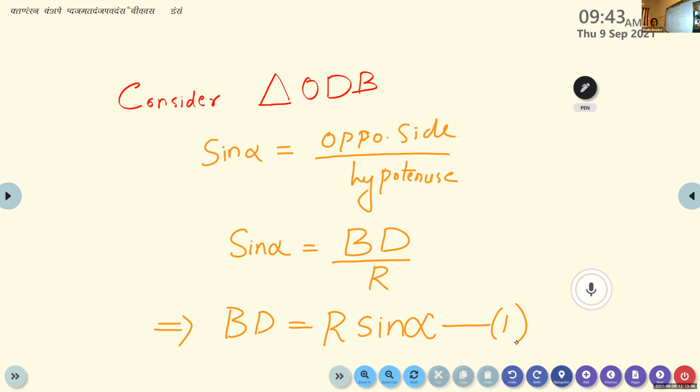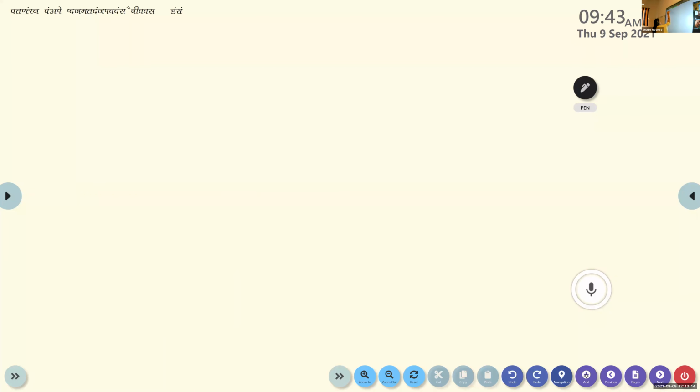Now we are going to consider the second triangle, triangle ADB. I think we did not take this triangle in the last case, right? Did we consider the triangle ADB? No. So the second step, we need to consider the triangle ADB.